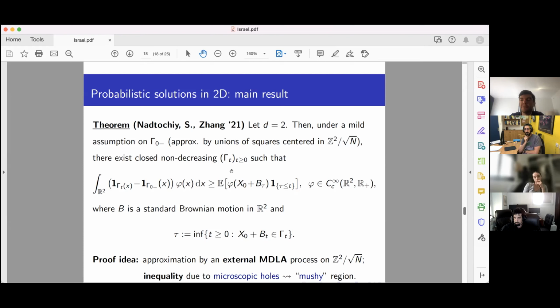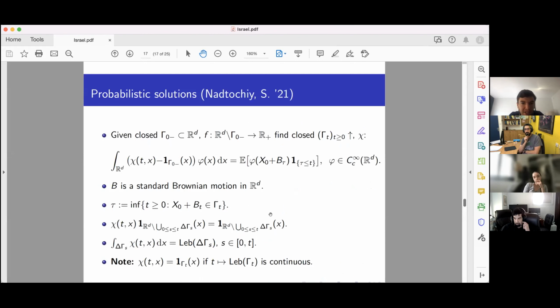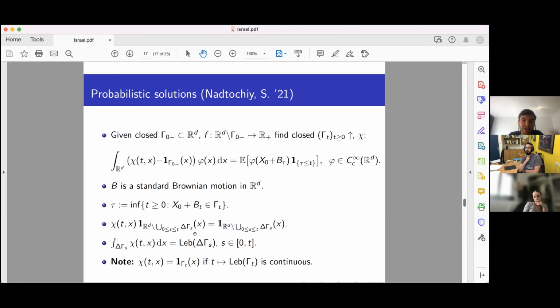Sorry, and what is delta gamma s on the previous slide? Delta gamma. Okay, so thanks for the question. You remember already in 1 dimension we saw that there will be discontinuities, right? So points in time where the ice grows by a non-trivial amount, and so delta gamma s is the jump of the set gamma at time s, right?